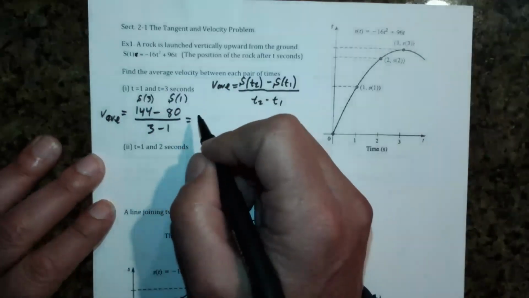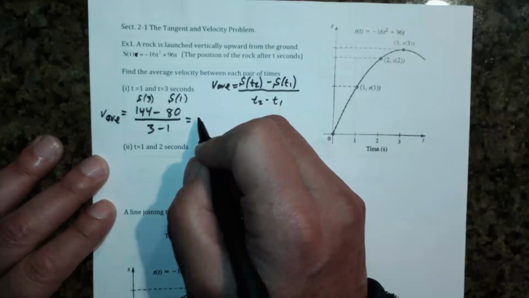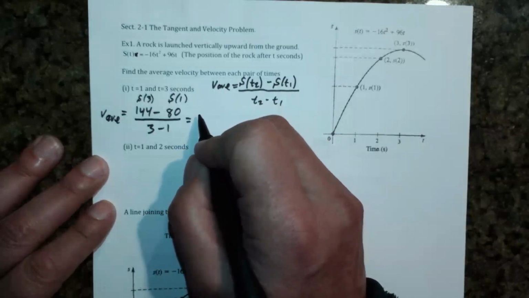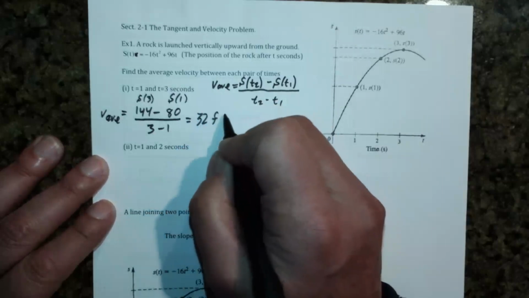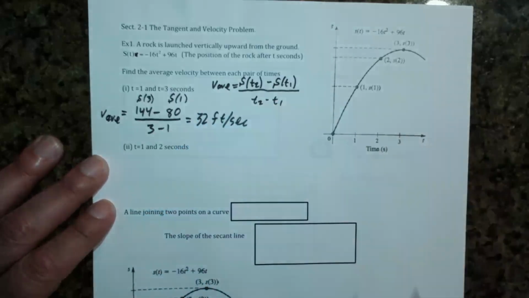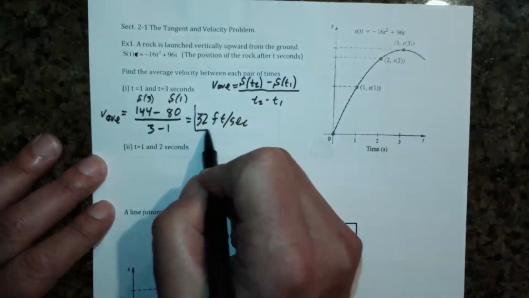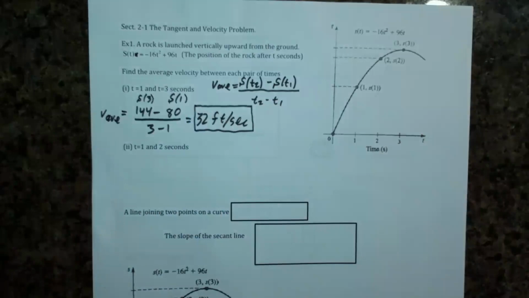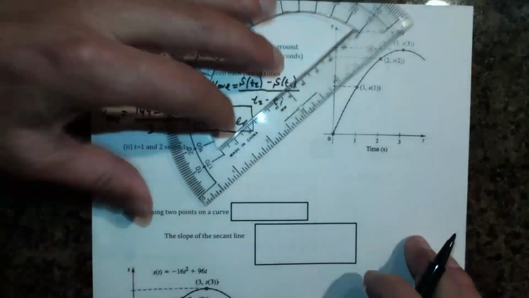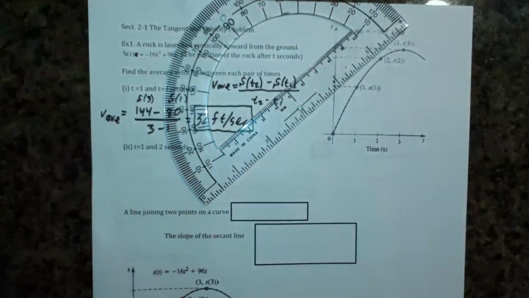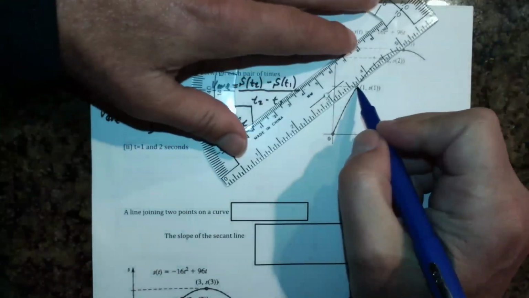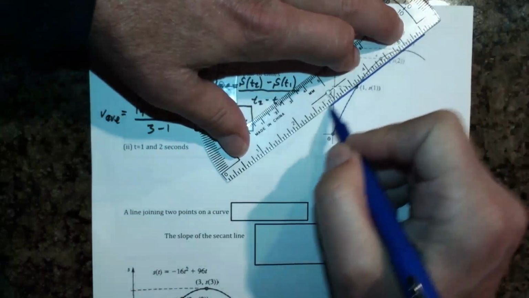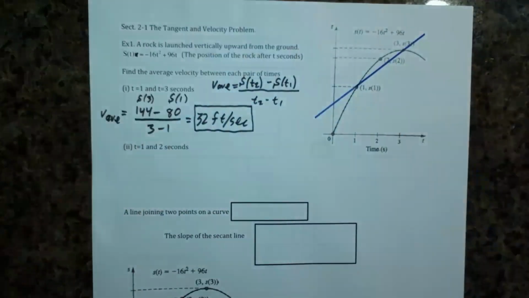And when we throw that into a calculator, we get that the average velocity from 1 second to 3 seconds is about 32. This is in feet per second. And to be clear, this is this line, from 1 second to 3 seconds. We'll get to what that line is called here in just a moment.